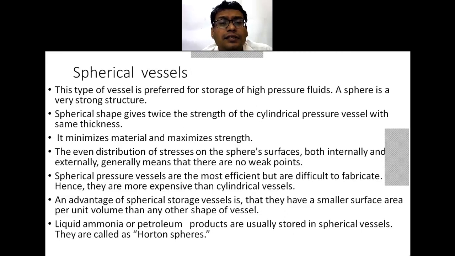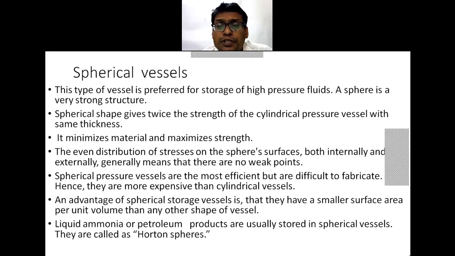It minimizes the material and maximizes the strength because it can withstand the higher pressure. So maximum strength it can have and minimum material you can use. Then there is even distribution of the stresses, which is most essential in the analysis of the material.